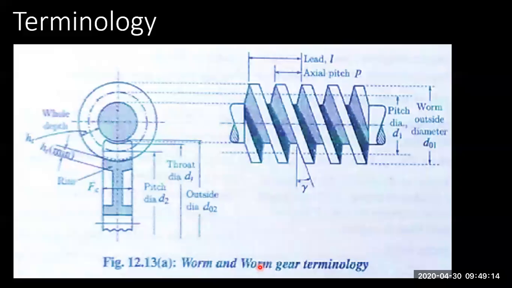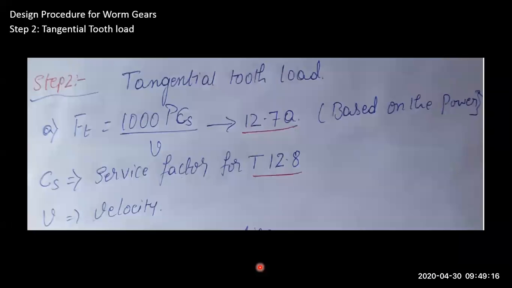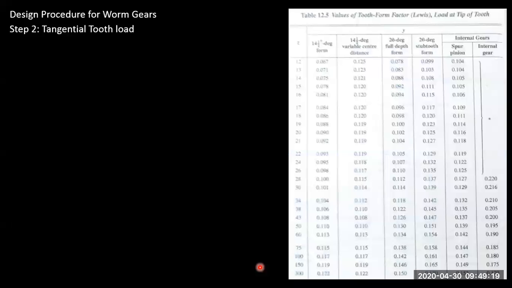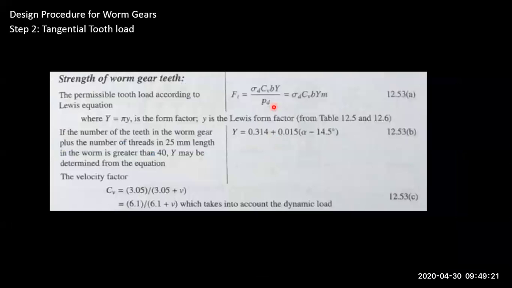This equation is in the data handbook, we use 12.53, which is designated for worm gears. We'll note down the second part of this equation here. The Ft is sigma d, Cv, B, Y and m. So we'll type the same thing here.